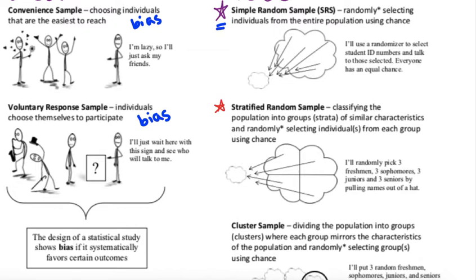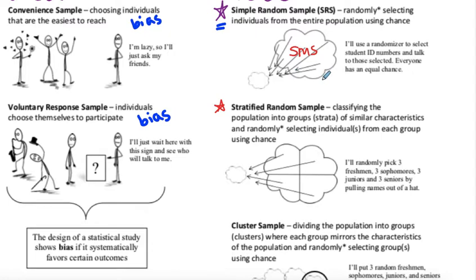So if this is all SMS and I'm choosing everybody here and I have 1, 2, 3, 4, 5, 6, 7 people for my sample, it's possible that randomly I get 7 freshmen or 7 seniors or 7 people that are absent all the time and I can't get a hold of them.